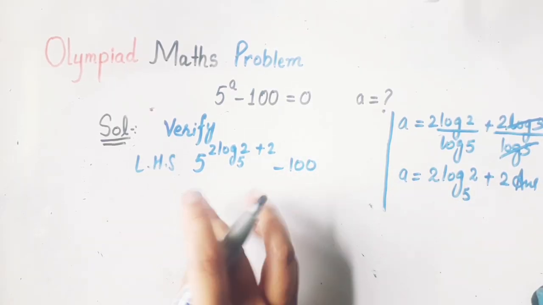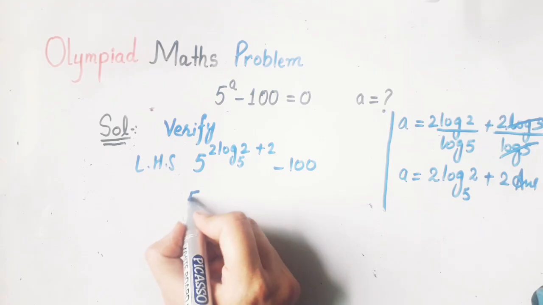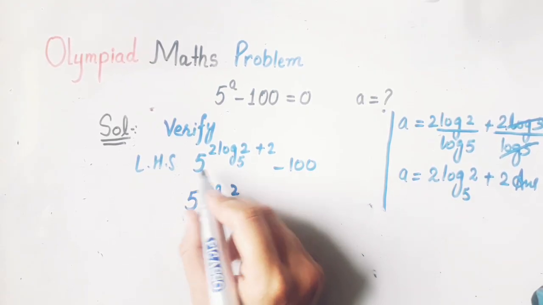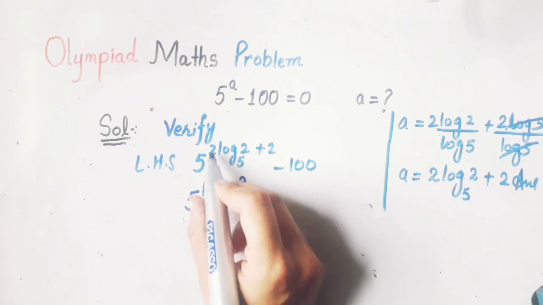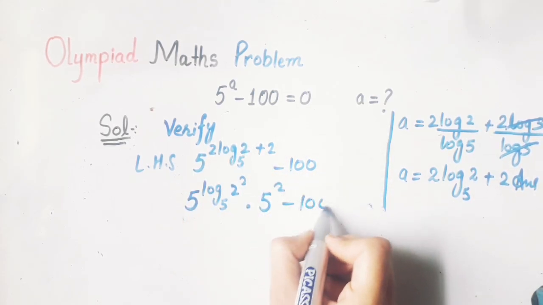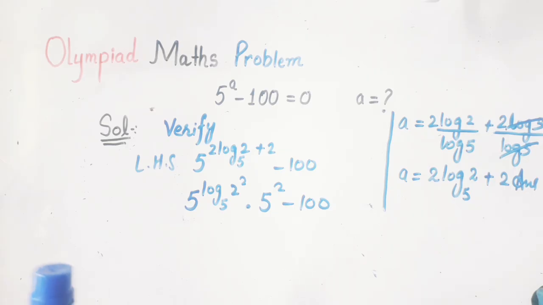So this will become 5 raised to power 2 log base 5 of 2, and its square, into 5 square, minus 100. Here we will apply an important rule of log.